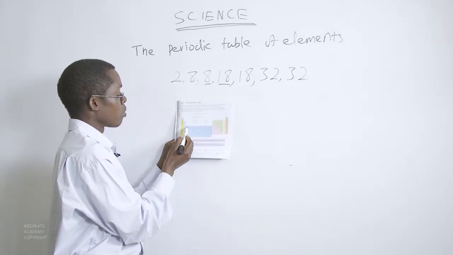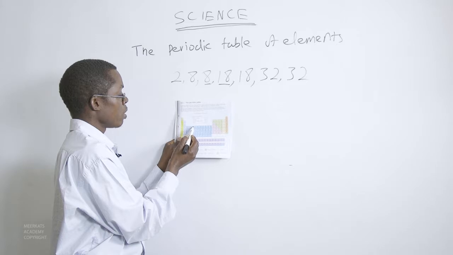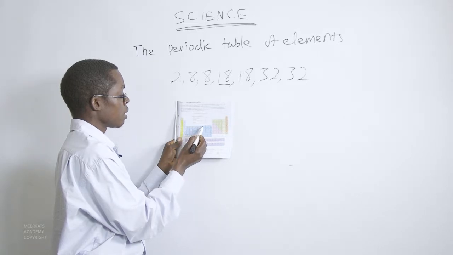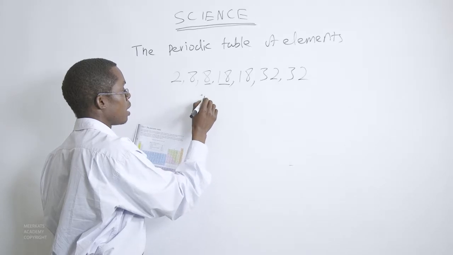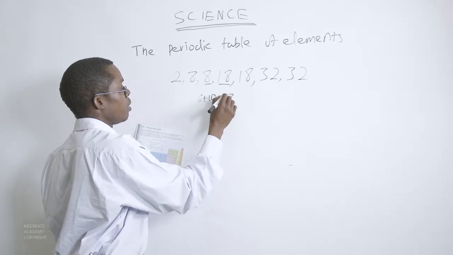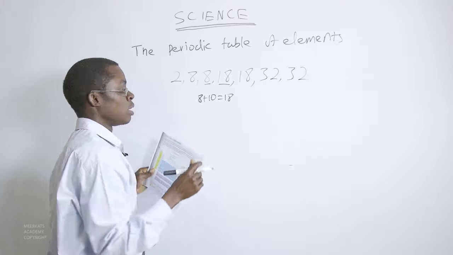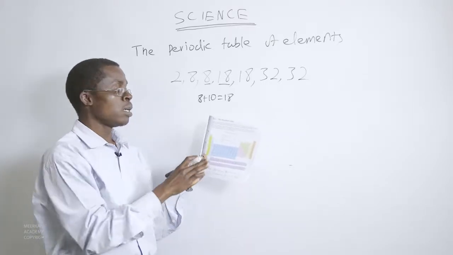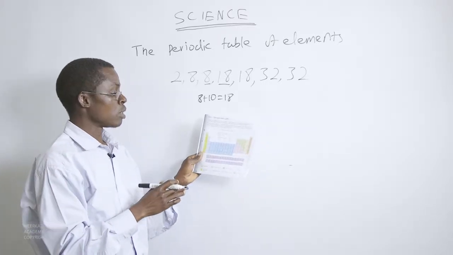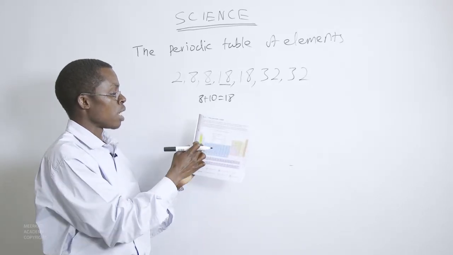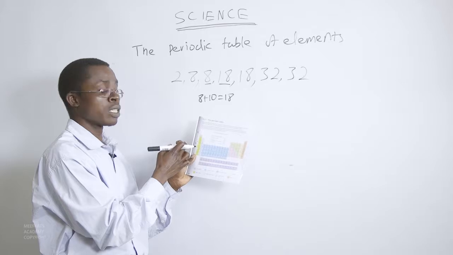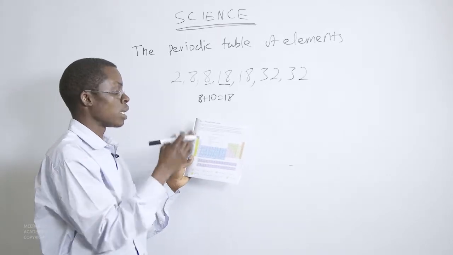They have groups of 1, 2, 3, 4, 5, 6, 7, 8, 9, 10. So if I have 8 and I add there 10, you can see we are getting 18. So it is very much in agreement with the periodic table, so that when you have your previous 8 plus now the present 10, it will still take you from 1 to 18.